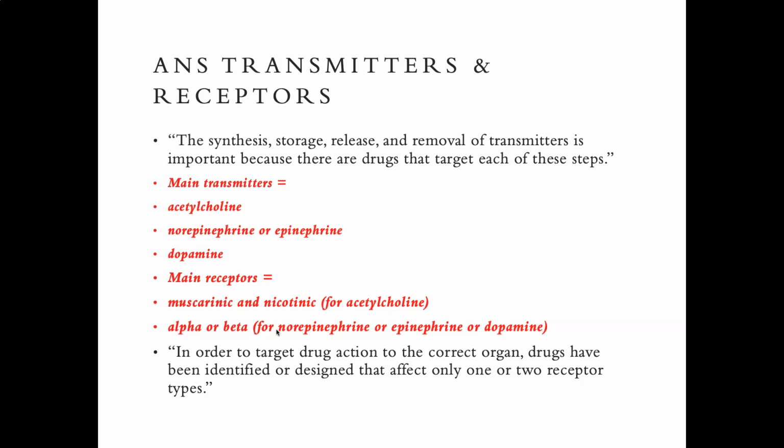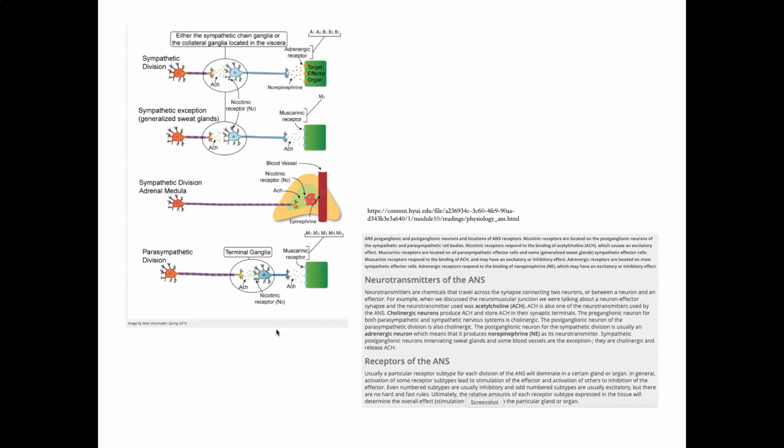And norepinephrine, epinephrine, or dopamine, those three are all seeking an alpha or beta, or both, receptor. In order to target drug action to the correct organ, drugs have been identified or designed to affect only one or two receptor types. And that's how they can get the specific action that they're seeking. So let's take a look.